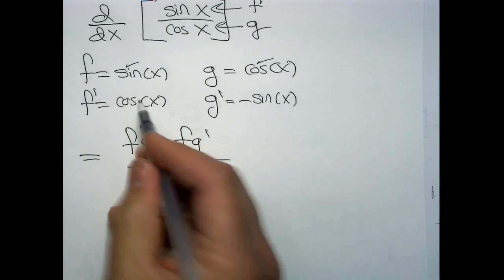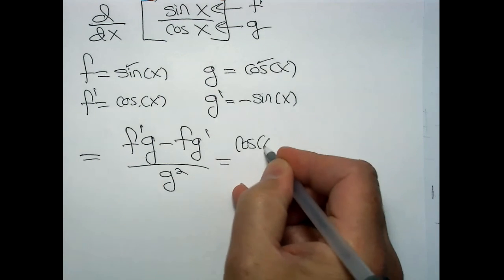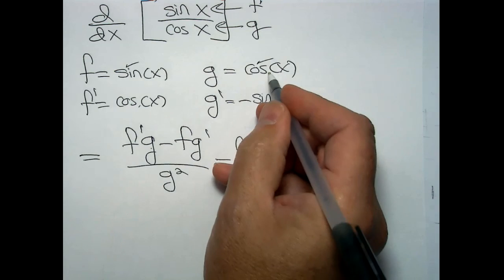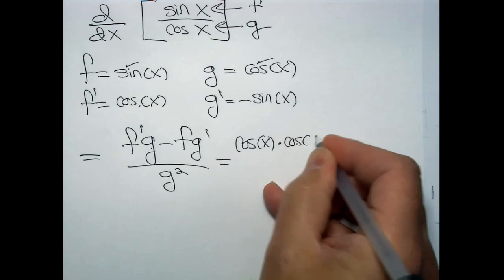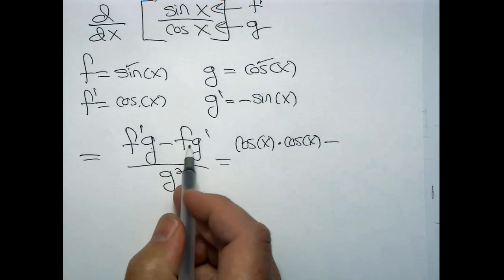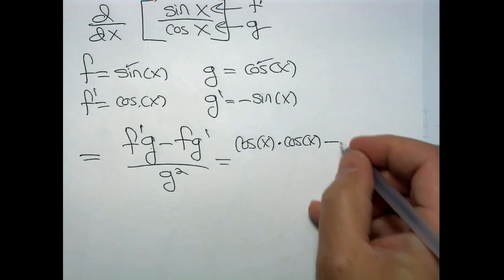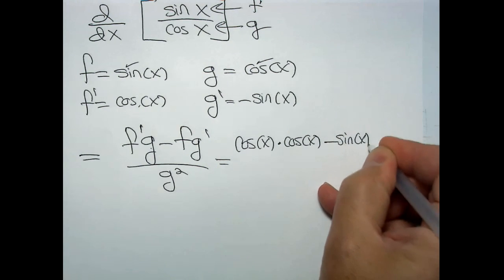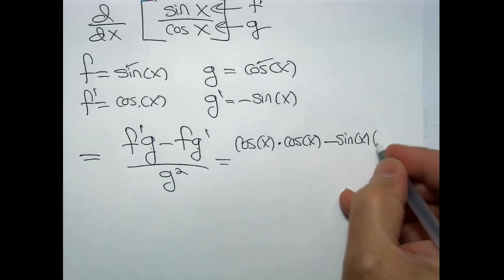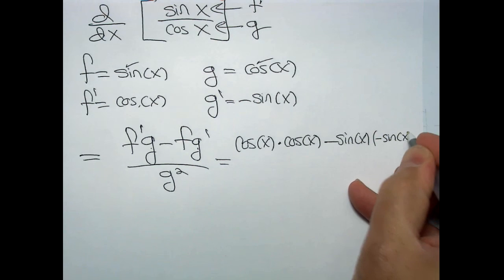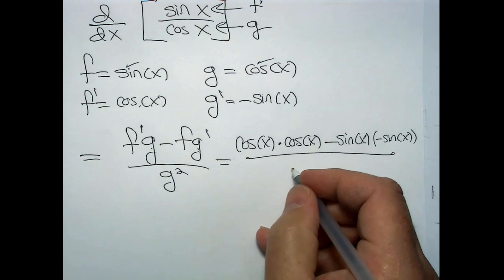F prime, right there, cosine. G, also cosine. Minus f is sine, and g prime is minus sine. All over g squared.